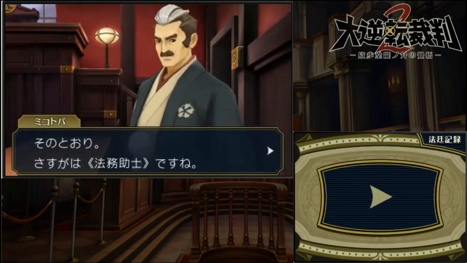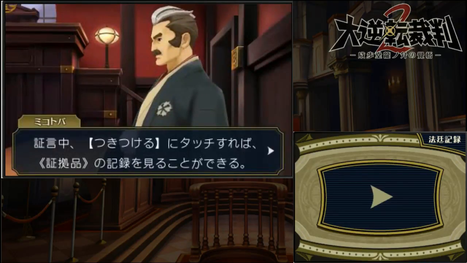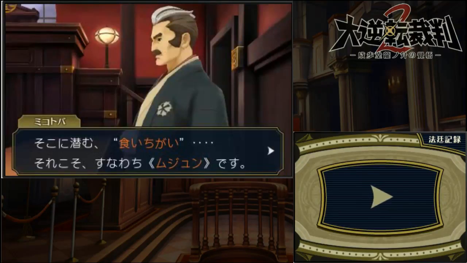Indeed it is. I expected no less from a legal assistant. If you touch the present button during the testimony, you will be able to see all evidence recorded. Carefully compare their testimonies and the information in the evidence. There you will find discrepancies lurking beneath. In other words, contradictions.